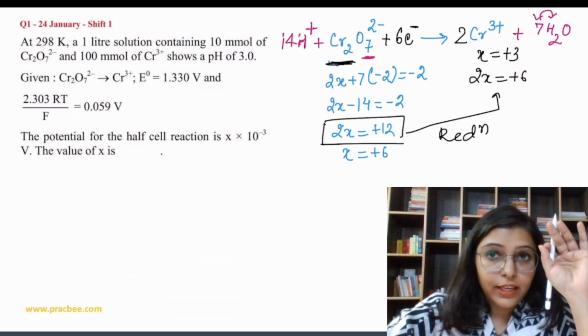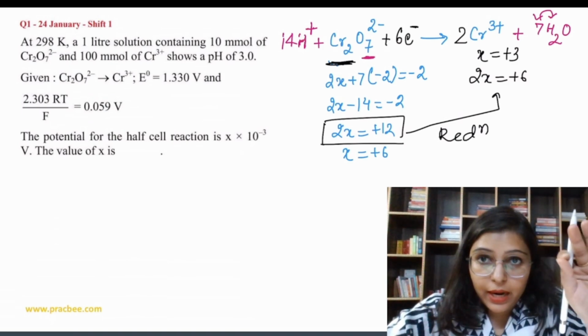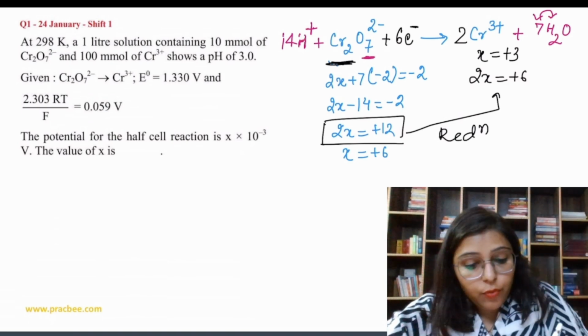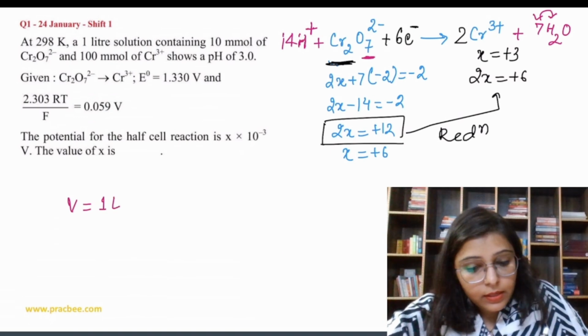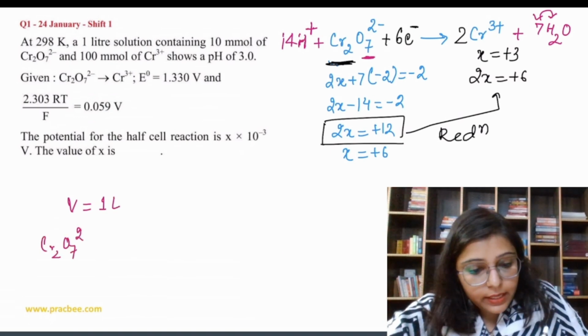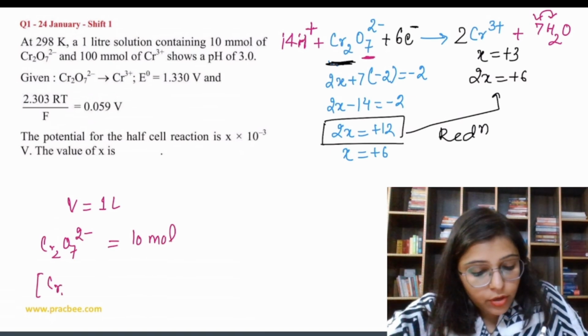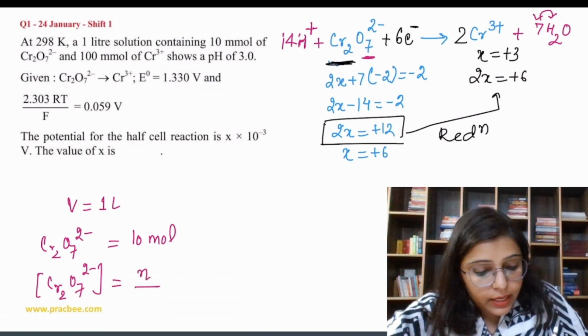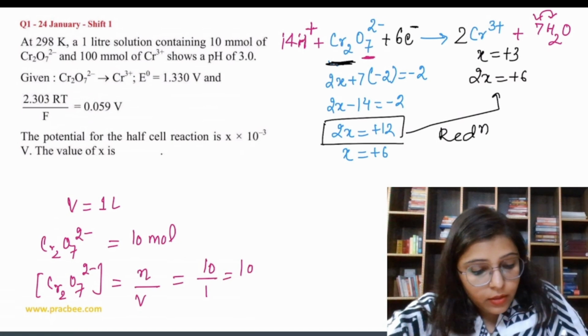Now what is the next part of this question? The volume is 1 liter, and Cr2O7 2- moles is 10 millimole. So concentration of Cr2O7 2- is number of moles divided by volume, so 10 upon 1, which is 10 millimole.